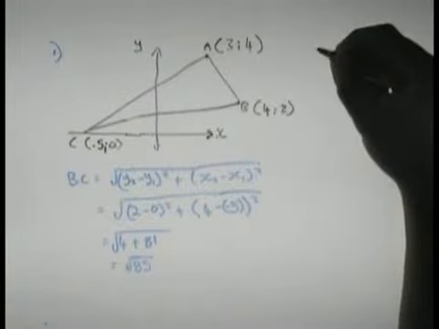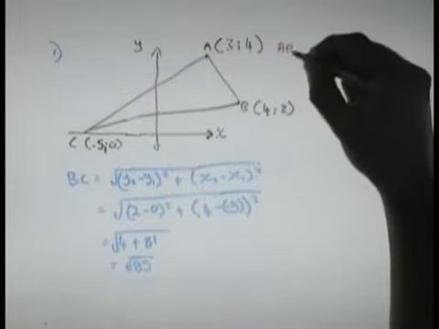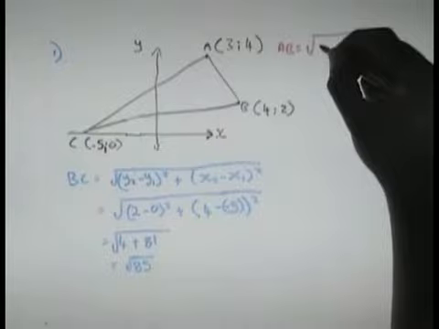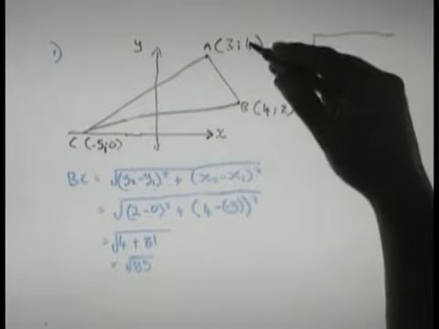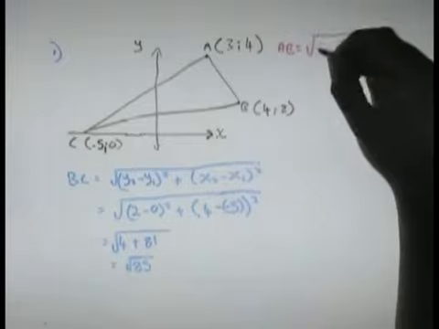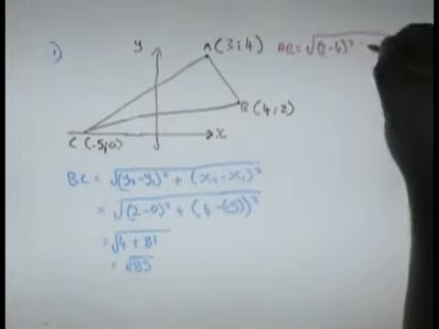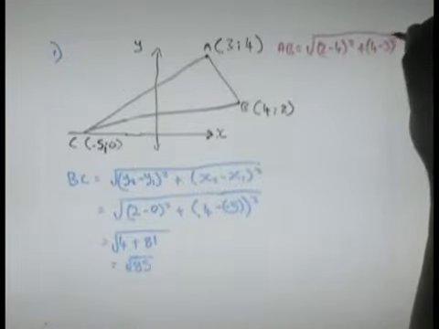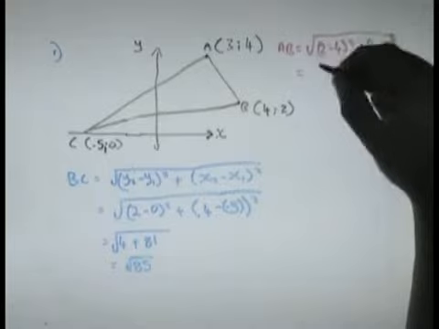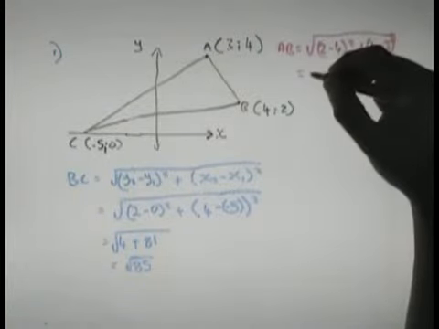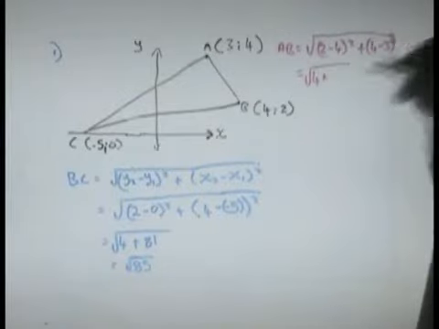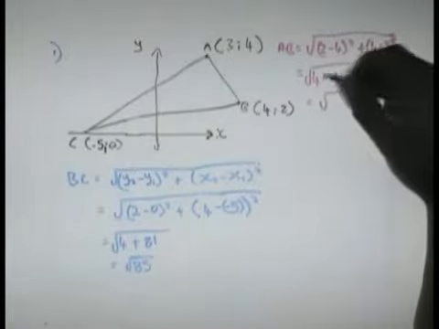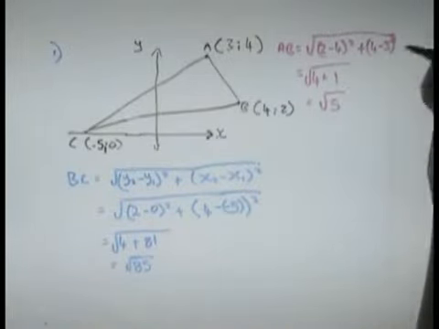For the next one, AB, AB is equal to square root of 2 minus 4 squared plus x2 minus x1, which is 4 minus 3 squared, is equal to 2 minus 4 is negative 2 squared is positive 4, plus 4 minus 3 is 1 squared is 1, which is equal to positive 4 plus 1 is 5, square root of 5.